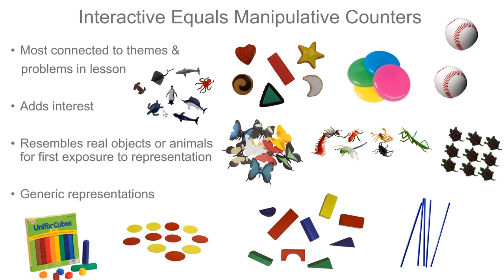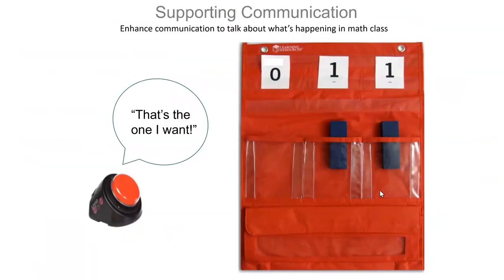But having these connected objects, or counters, I should say, are very motivating for students. They get excited about it. It's kind of fun. They're interested in it, and they're very close to what they are solving a problem about. The representations look like what is in the problem itself.